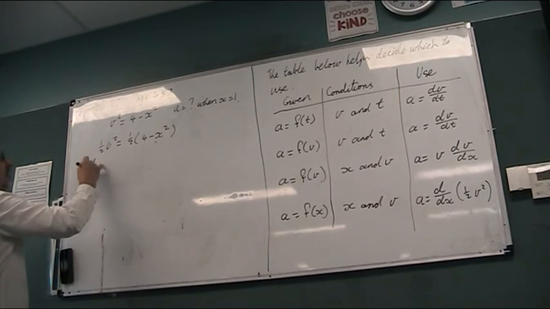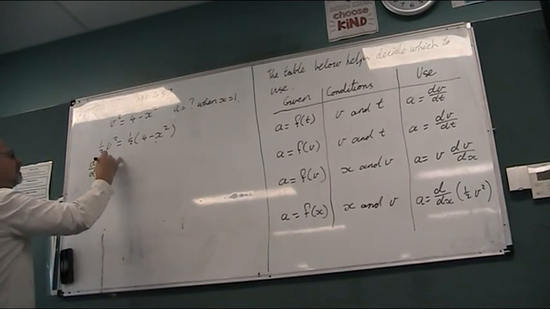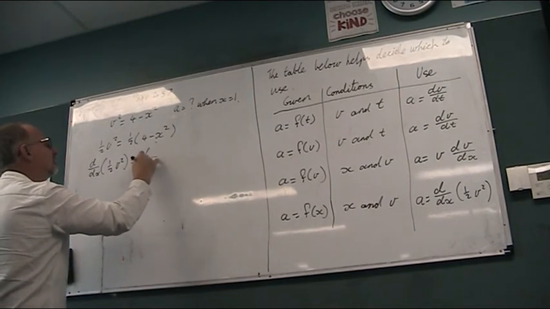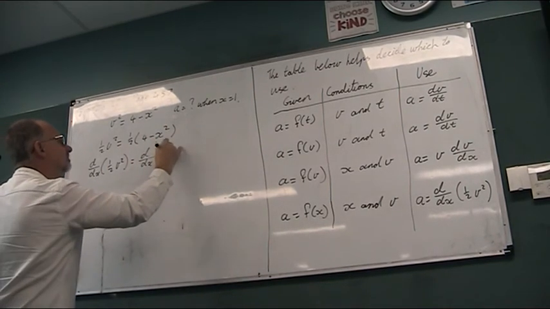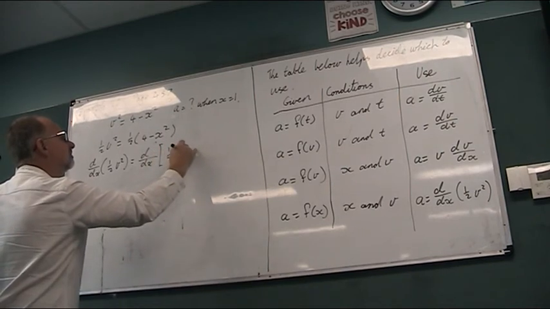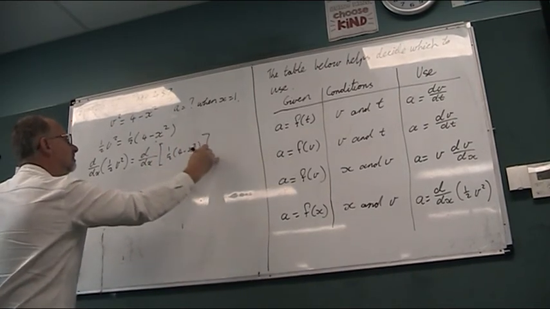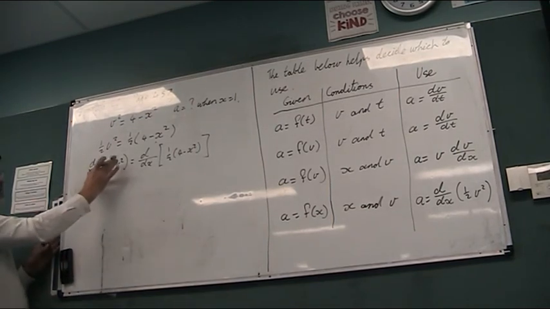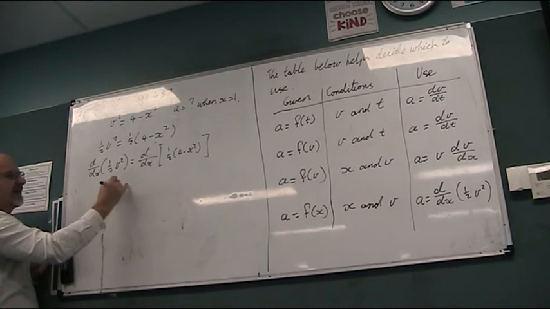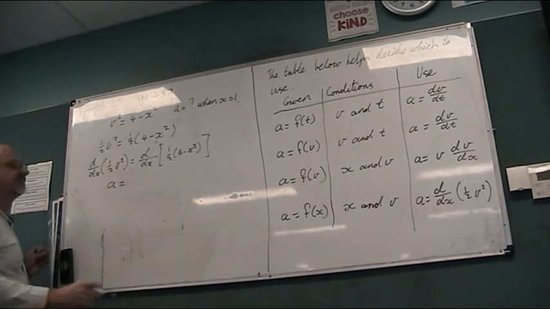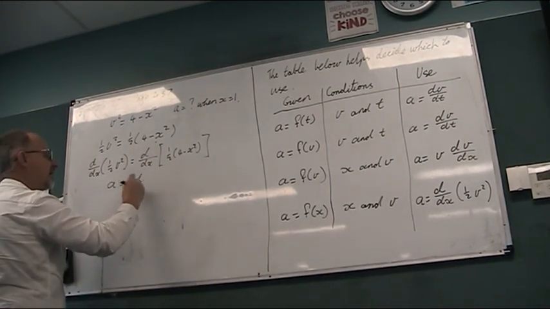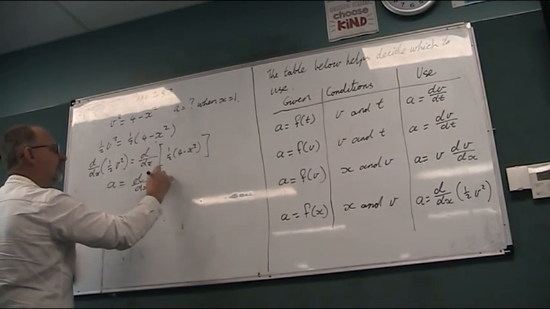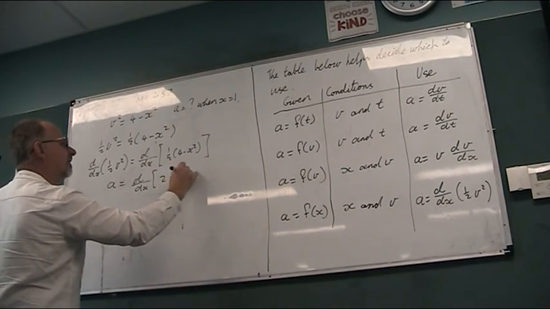So let's differentiate both sides with respect to x. The one we've got here on the left-hand side is now simply acceleration. I'm going to expand that bracket before I do the differentiation. Half of 4 is 2, minus a half x squared.